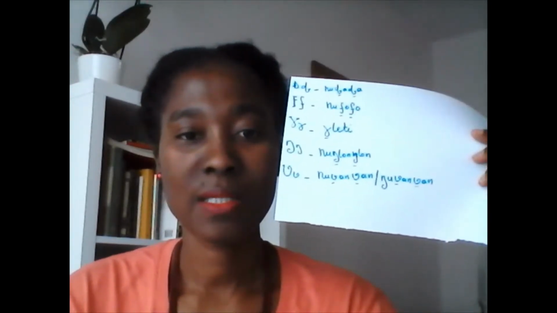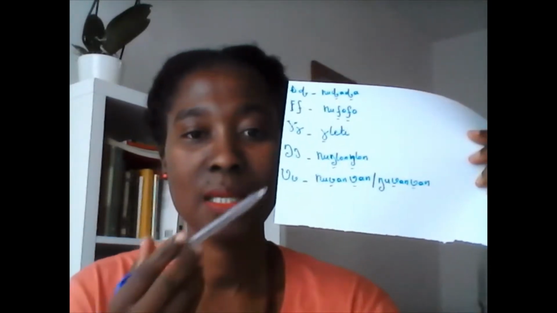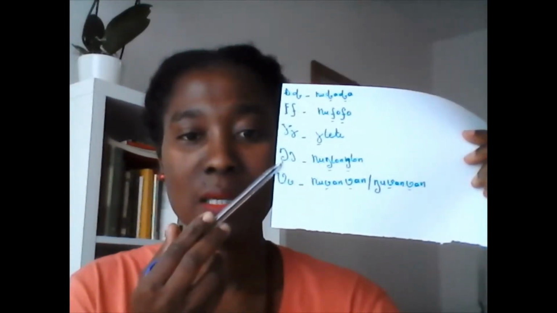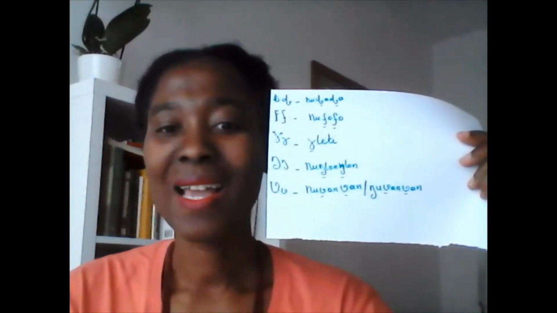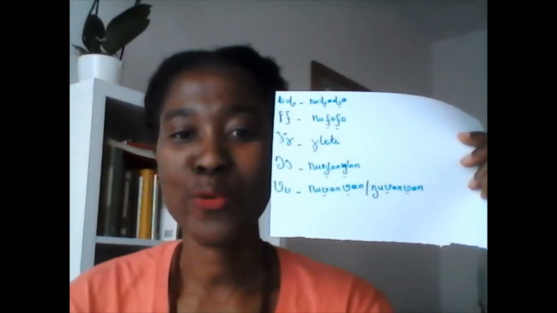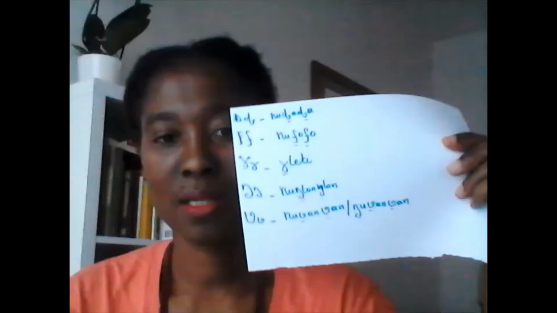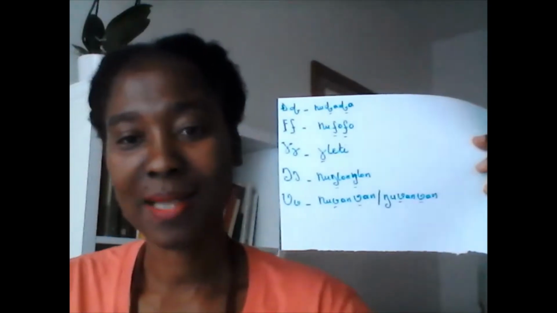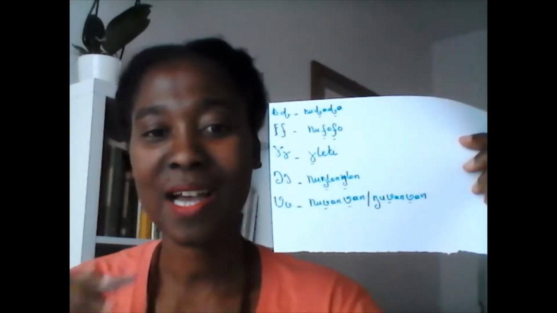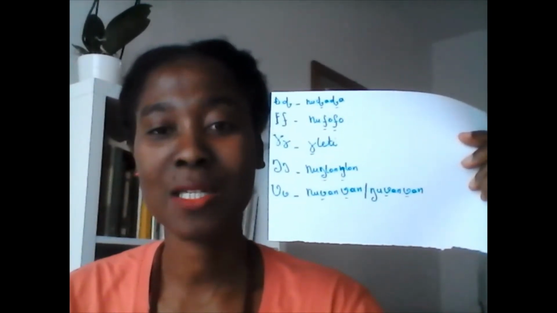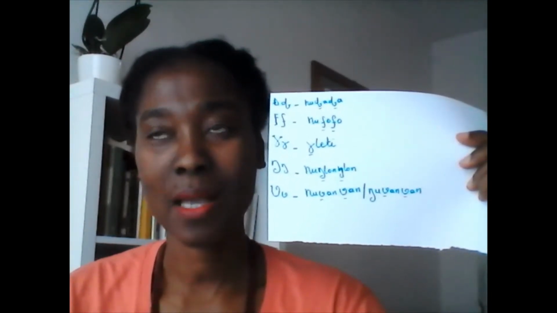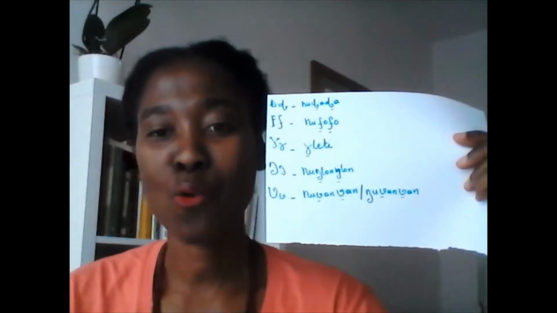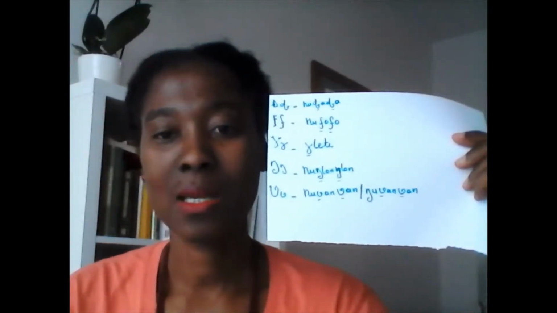Okay, then this one looks like N actually with a tail under. Yeah, it's an N with a tail under, because the sound actually is like N, but with a stronger accent.